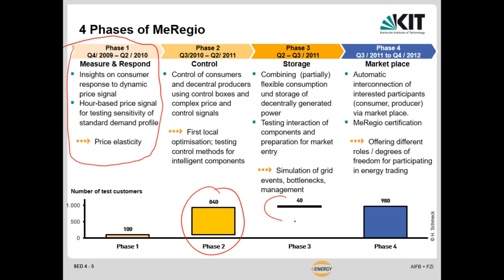There were some participants getting local storage, like getting batteries in their houses, and in the end, the participants could take part in market situations. Actually, they got a certain game. Now people talk about gamification. We actually did that in that project.